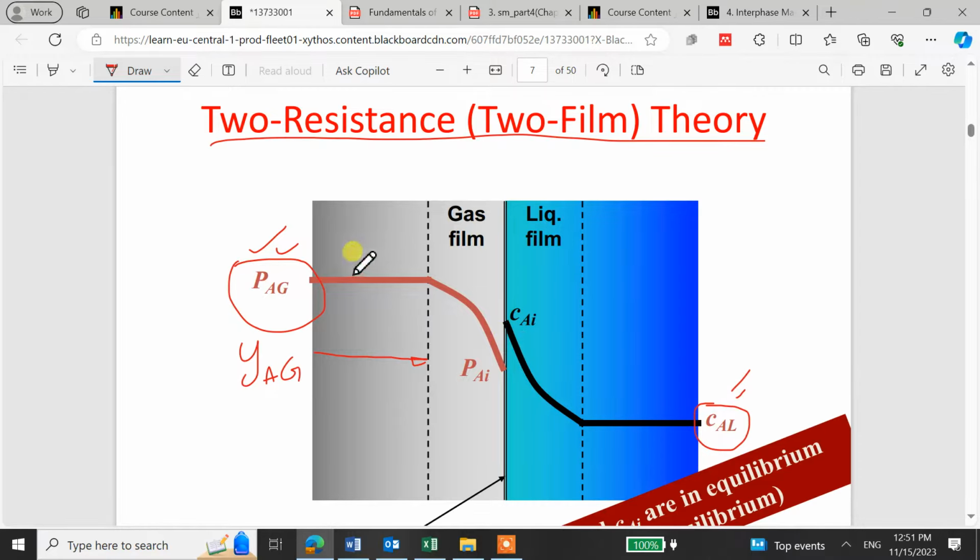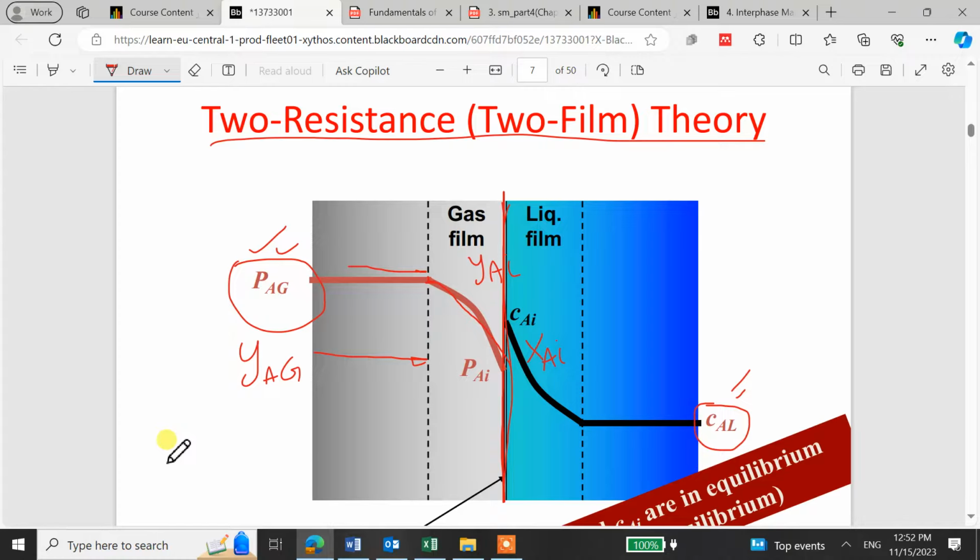Now when the gas comes close to the liquid, it will feel some resistance. So concentration or pressure, whatever, it will drop. And this is the interface, the gas liquid interface, I. So PAI, CAI, it could be YAI, the mole fraction Y, for gas, and XAI for the liquid, so we have different units.